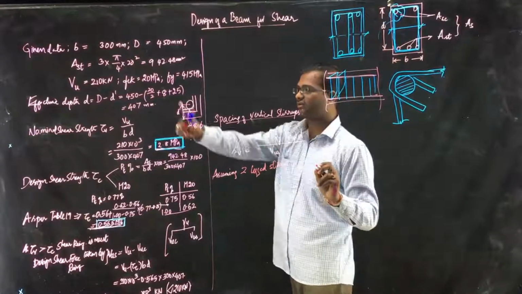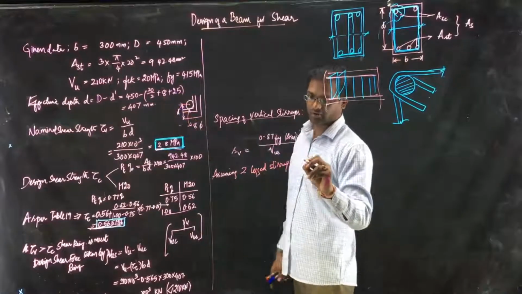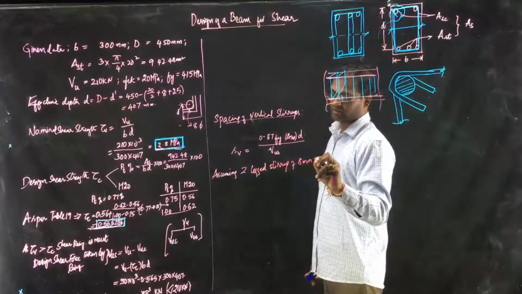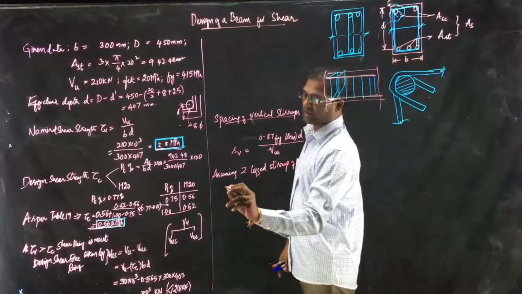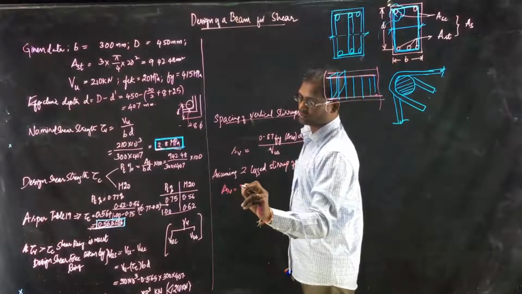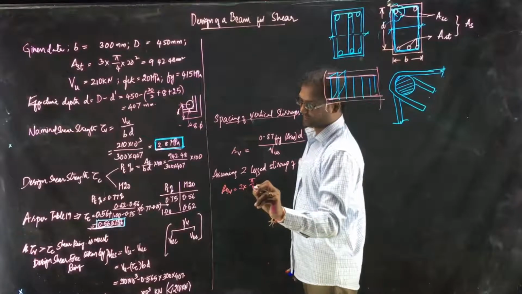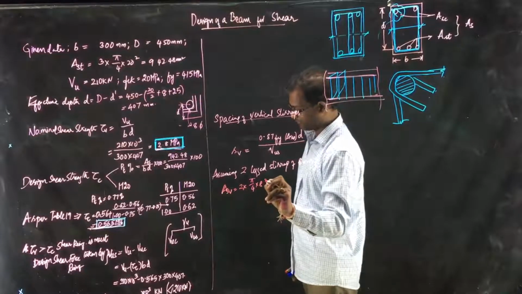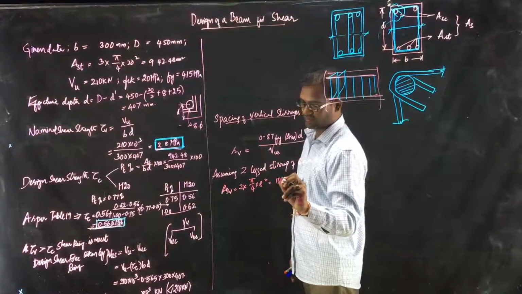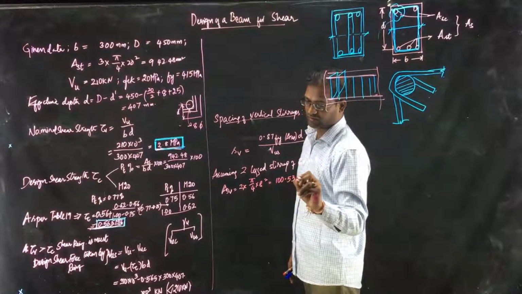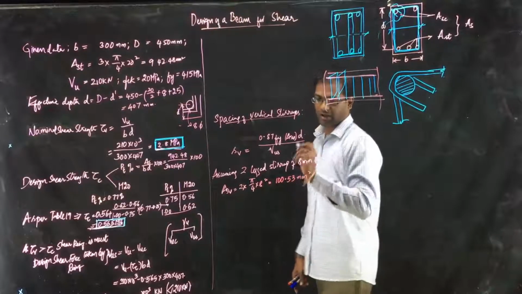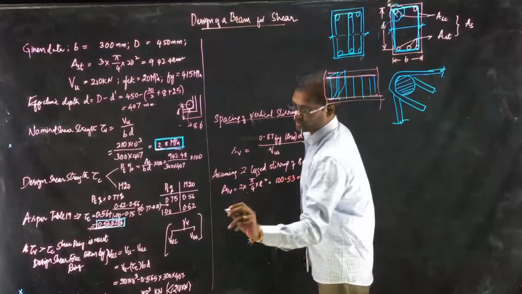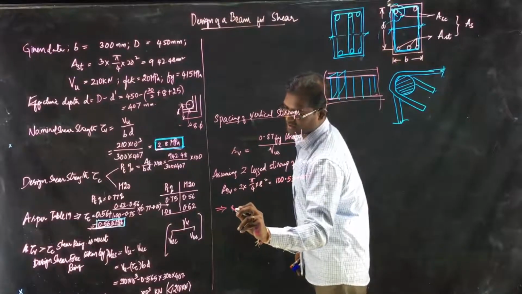I have assumed 8 mm diameter stirrup here, if you remember. So Asv will become 2 times pi by 4 into 8 square. This will give a value of 100.53 mm square.